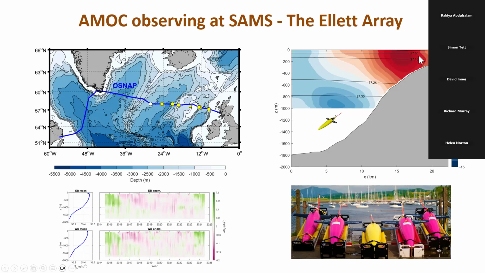And this color scale shows the velocity here. So we have red northward flow over the upper slope here, and then we have this counter current at depth, which was something that wasn't known about until this sea glider survey, and this actually acts to weaken the AMOC slightly, because it's negative southward flow, where otherwise the flow is mostly northwards.